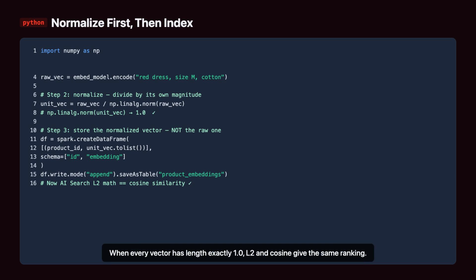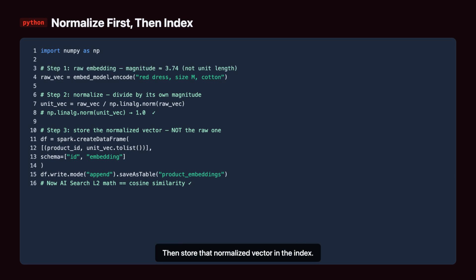When every vector has length exactly 1.0, L2 and cosine give the same ranking. The fix: divide each raw vector by its magnitude. That normalizes it to unit length. Then store that normalized vector in the index. There's no metric_type setting in AI Search. Option C doesn't exist. The question rewards normalizing the data, not configuring the index.